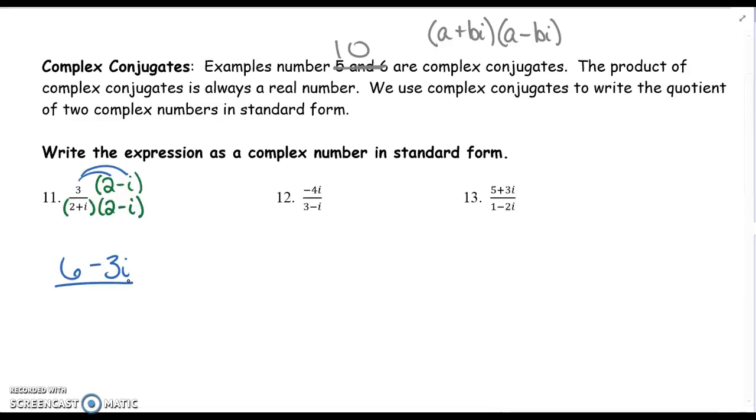On the bottom, we have to double distribute. So 2 times 2 is 4. 2 times negative i is negative 2i. i times 2 is positive 2i, and i times negative i is negative i squared.